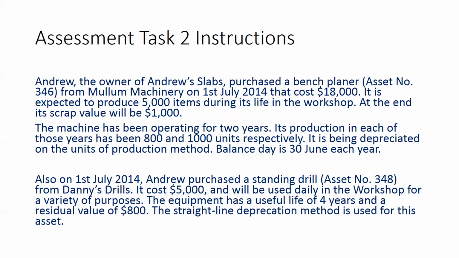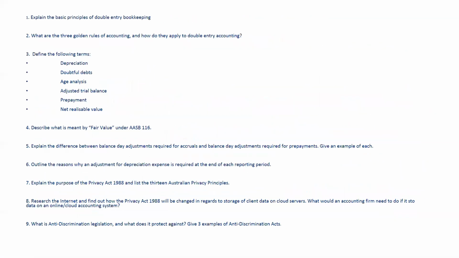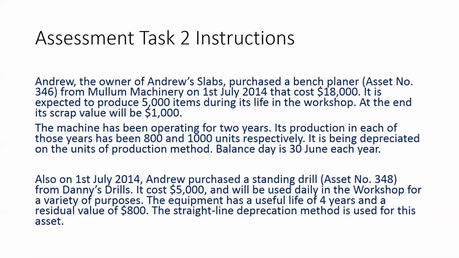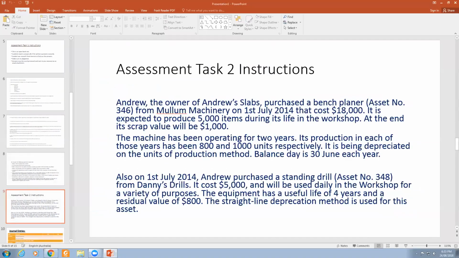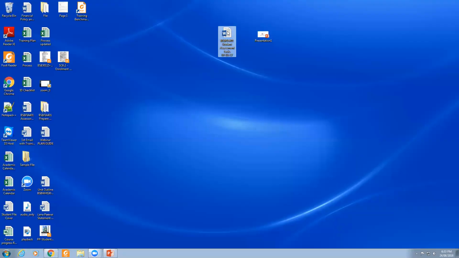So this is a case now. Between assessment 1 and assessment 2, it's different. Assessment 1 is just question and answer based, and assessment 2 is a case study. So if you all open the question from the assessment, let's say from here.